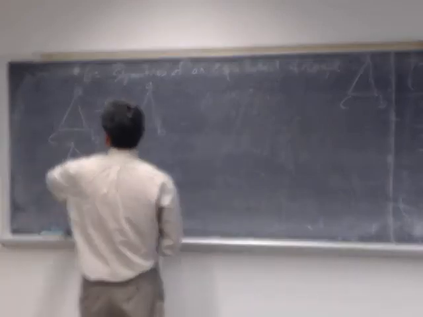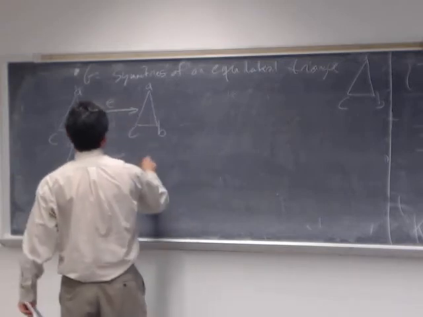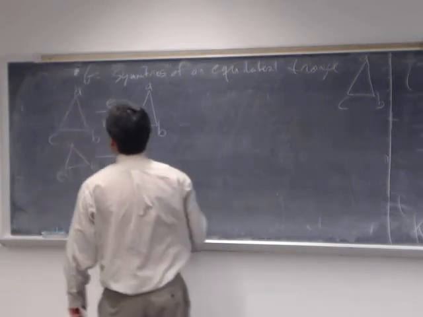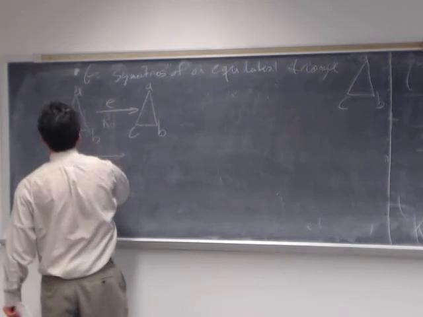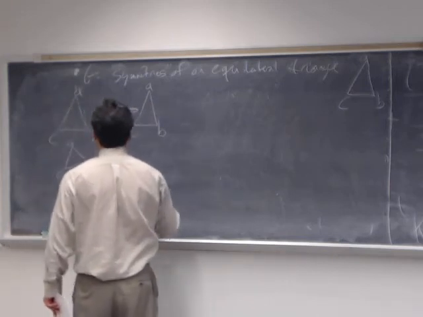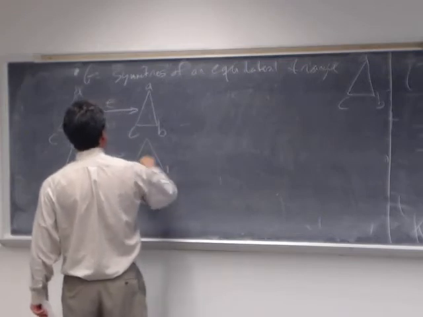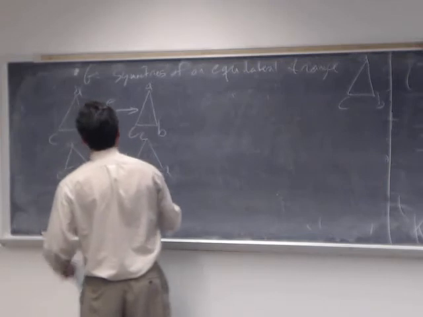Then what we could do is we could rotate it. It's an equilateral triangle, so you could have a rotation of a third of a turn, 120 degrees. Take this point and move it there, 120 degrees. So now A would be in this spot, B would be there, and C would be here.